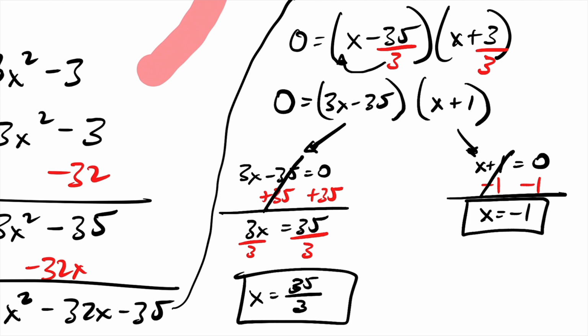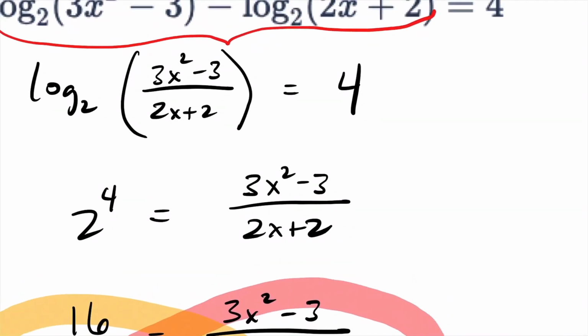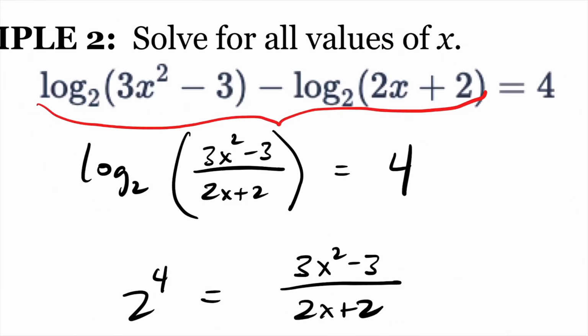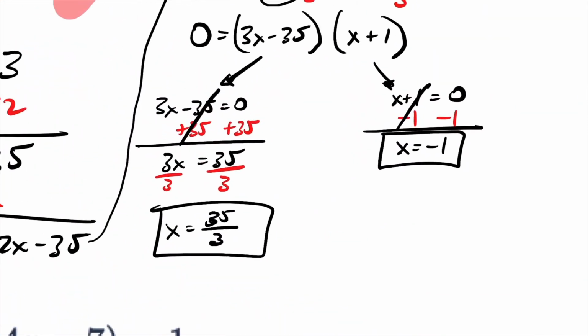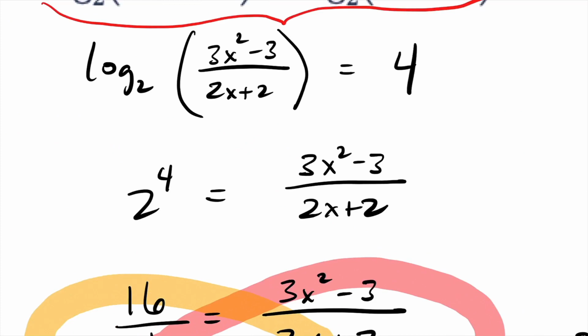We don't know until we actually look in the original problem. So I double checked. You can't have negatives or zeros. Okay. So let's go back to the log. So I have -1 as an answer and 35 over 3. 35 over 3 is between 12 and 13. It's like 12.67.